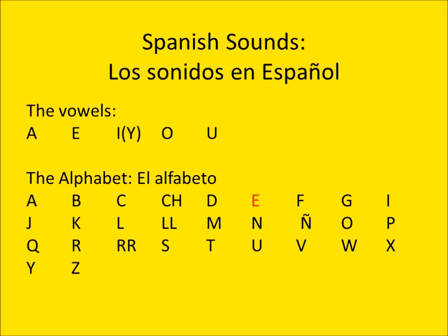In this series we are going to keep it simple, we are going to keep it easy, and the main focus is to have you speaking in Spanish. I'm going to start with the Spanish sounds, los sonidos en español, the vowels, las vocales, the alphabet, el alfabeto, and then I'm going to start to combine those sounds.